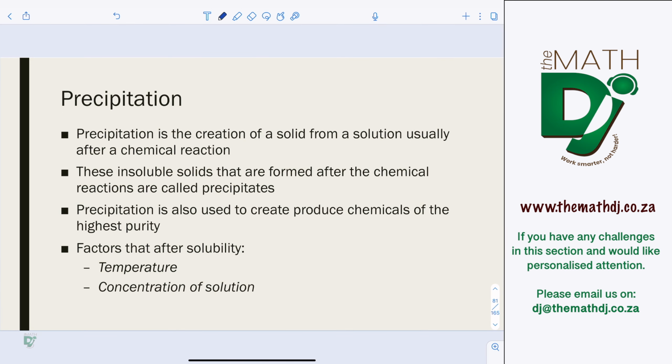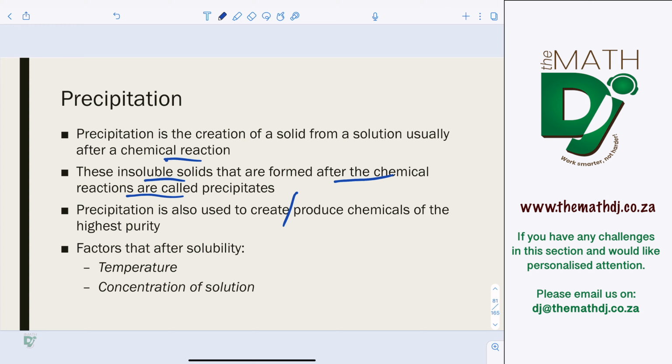So precipitation. Precipitation is the creation of a solid from a solution, usually after a chemical reaction. These insoluble solids that are formed after the chemical reactions are called precipitates. Precipitation is also used to create or produce chemicals of the highest purity.